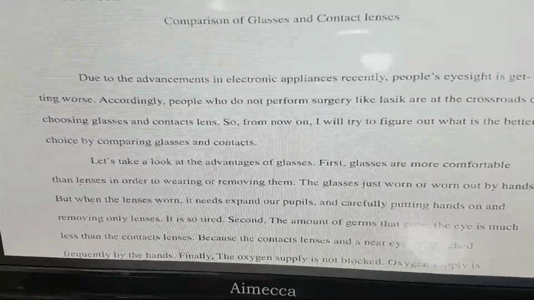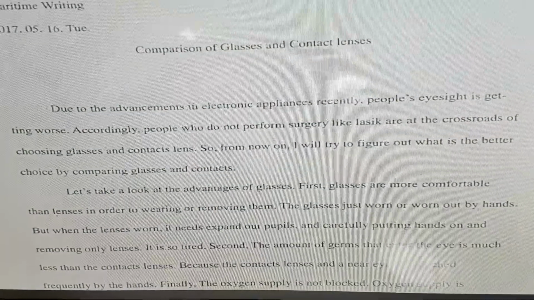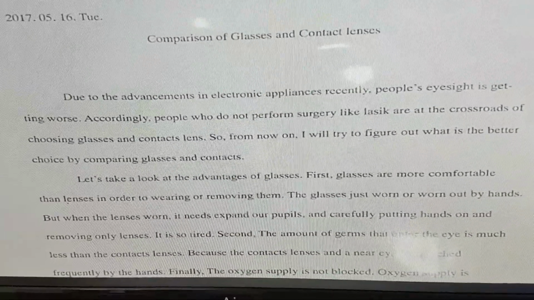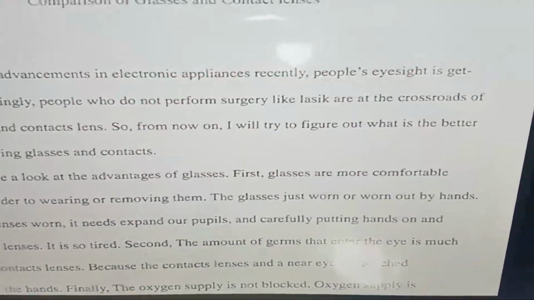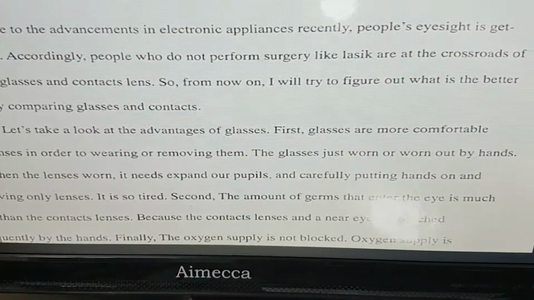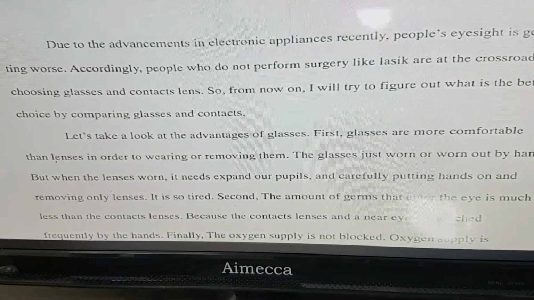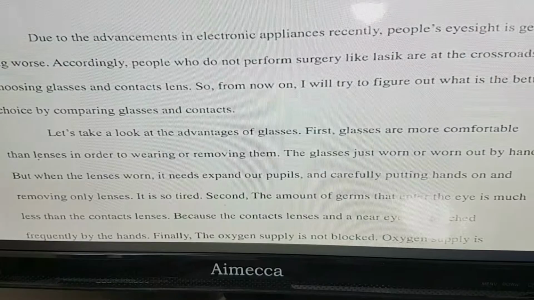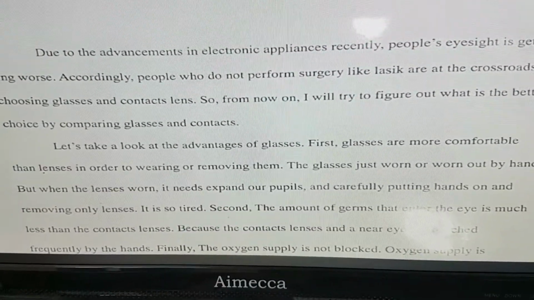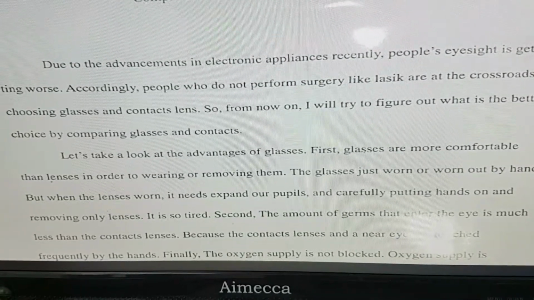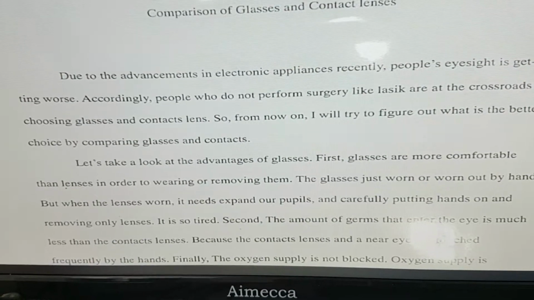However, in the second paragraph, I cannot find any scientific basis, even though I wrote that glasses are more comfortable and the amount of germs that enter the eye is much less than with contact lenses. I didn't quote any scientific fact, and I wrote the final essay from my own speculation, like "maybe."